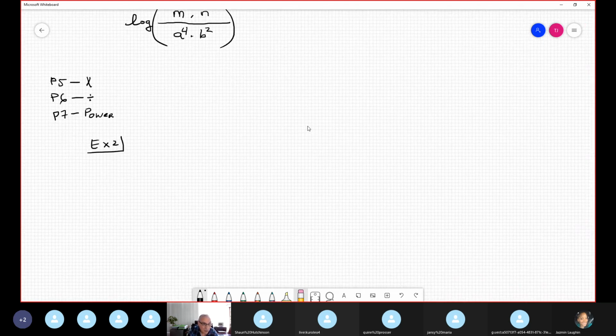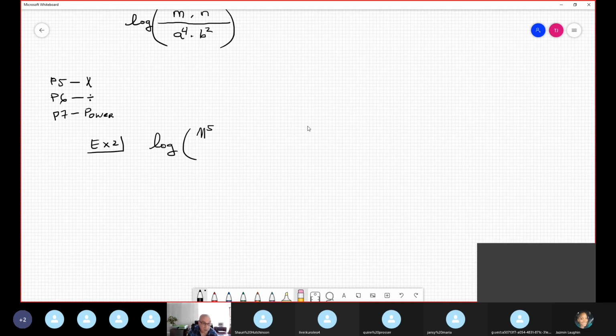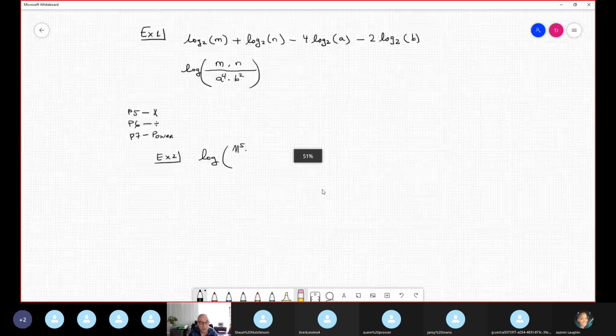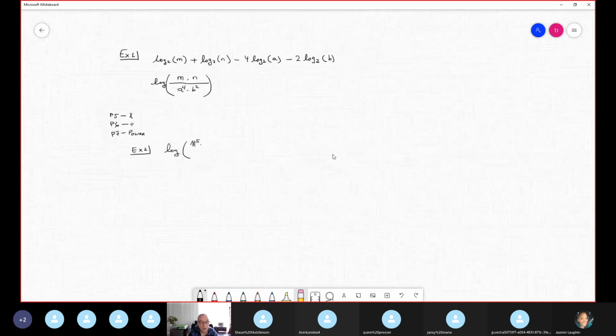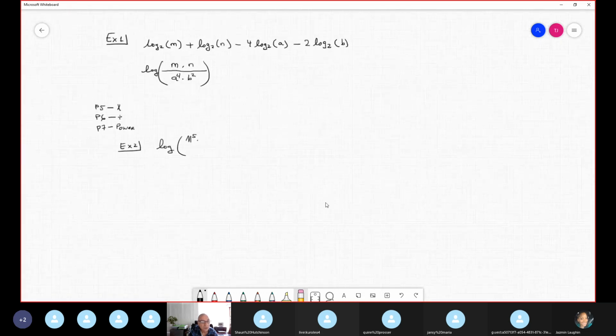Suppose that we have now log, no specification of the base because I suppose it's common, and we have m to the 5th power times... M n to the a power divided by x to the 6th power times y to the 7th power.